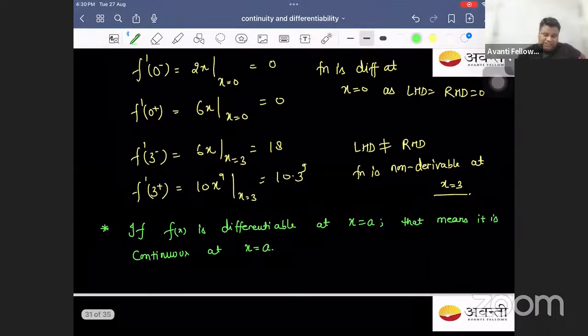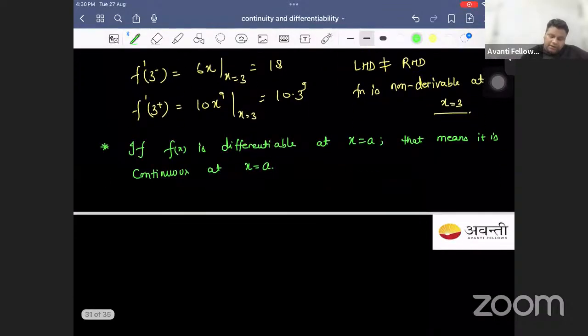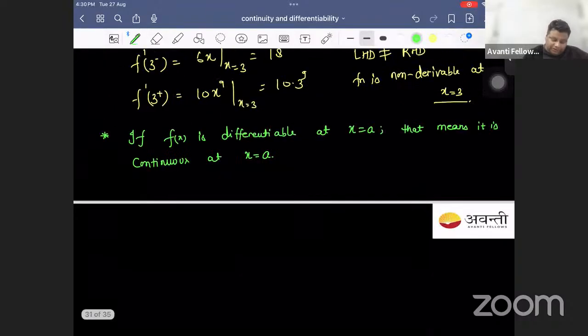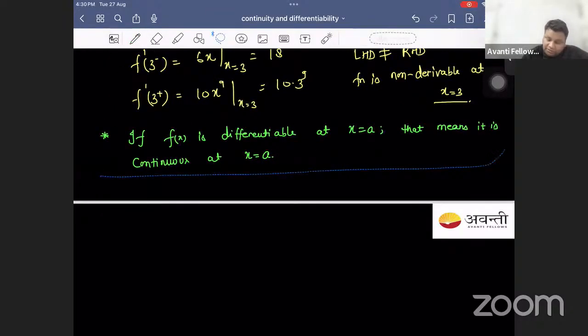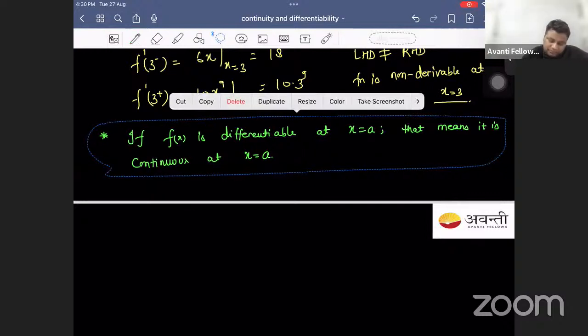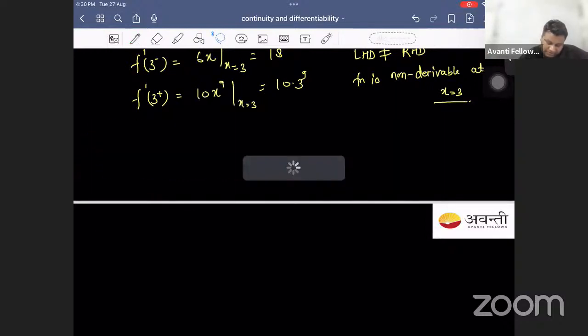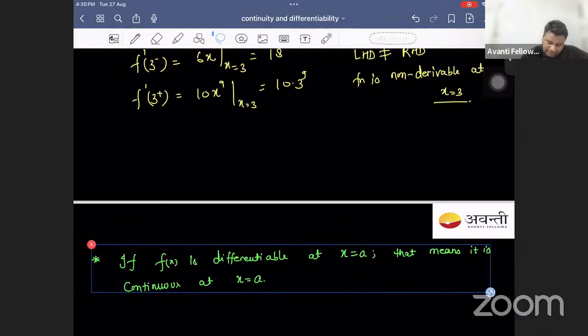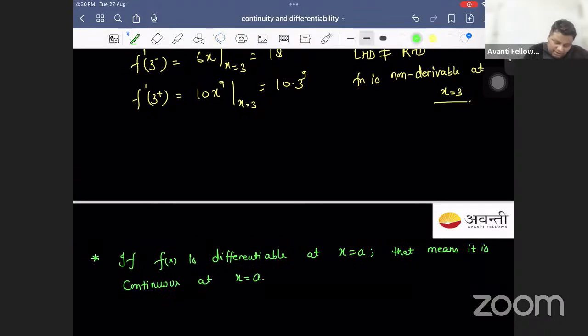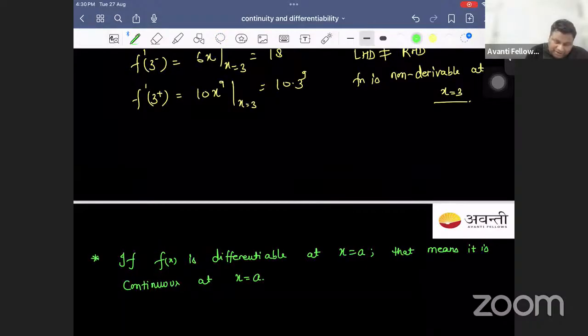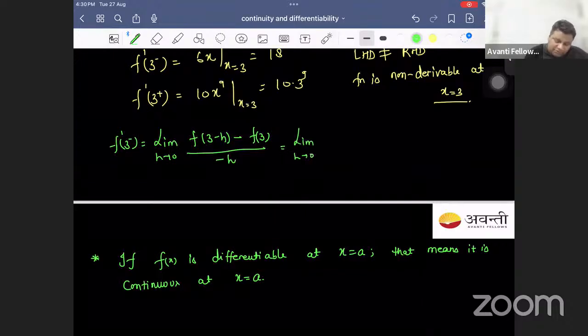We just found f dash 3 minus is 18 here. What if I try to do it using the basic definition? Let's discuss this one thing also. F dash 3 minus is limit h approaches 0, f of 3 minus h minus f of 3 upon minus h. That is limit h approaches 0.